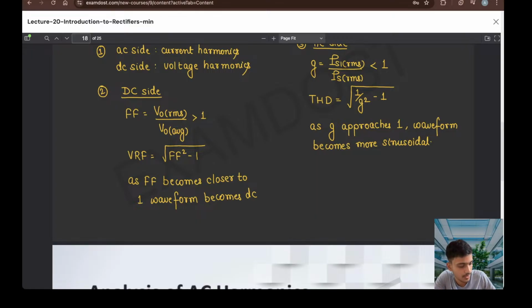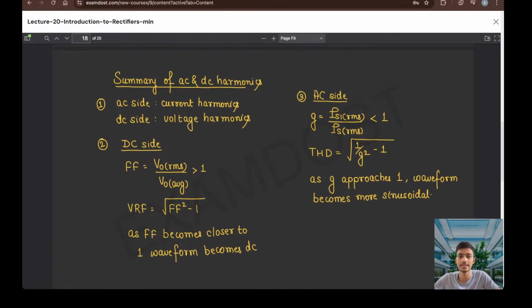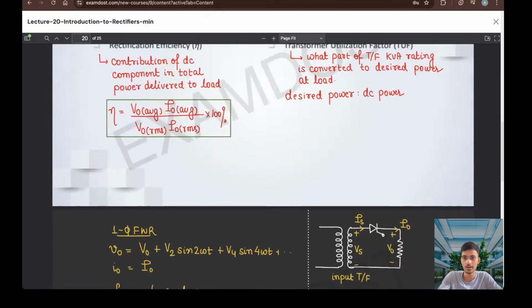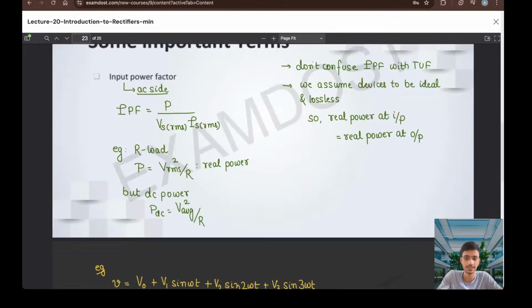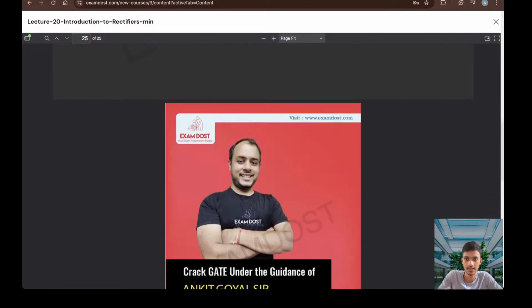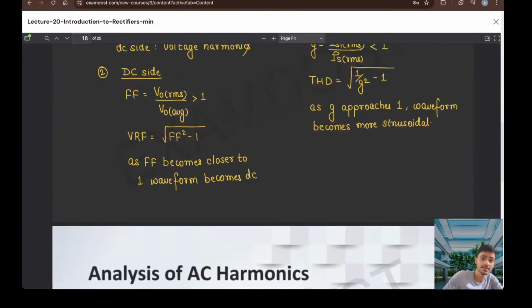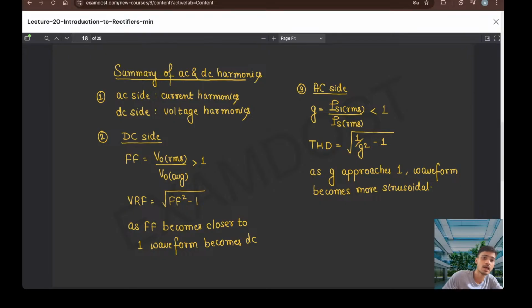This is what you have to remember, and you can ignore all the other stuff. It is only used for the single-phase half-wave rectifier, which we will see in later parts of this chapter.